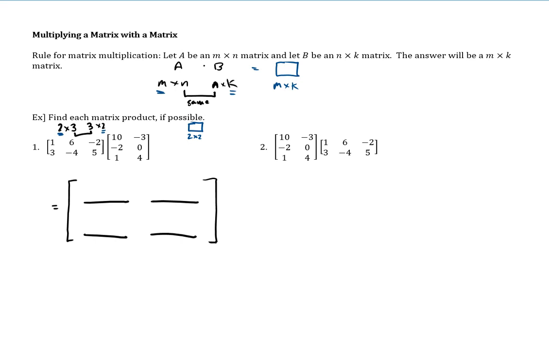What we do, I call it pencil in the cup. I think of this second matrix as a cup, and we're going to take this pencil that would be laying on a desk and put it into the cup. So we could also say this row will multiply this column.